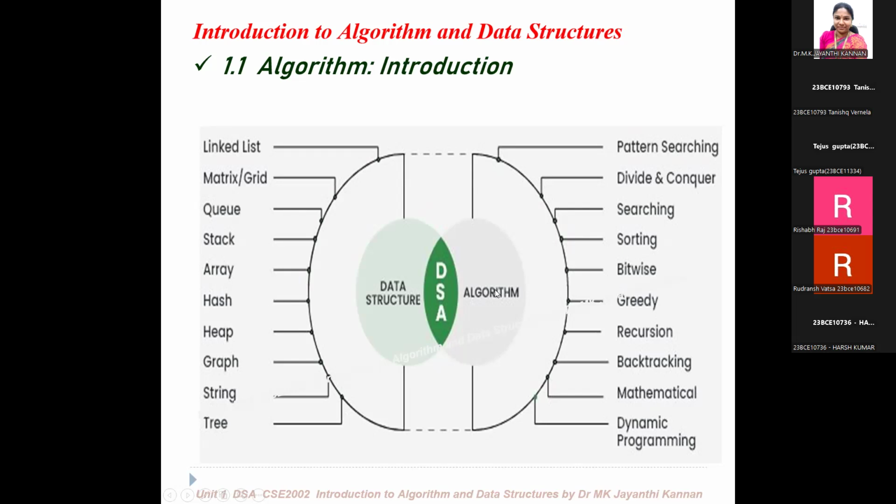And algorithms are classified or categorized as pattern searching algorithms, divide and conquer algorithms, searching algorithms and sorting algorithms. All the sorting algorithms will have some similarity: they are all performing the sorting process. In searching algorithms the logic is searching, but they use different steps and different methods. In the same way there are greedy algorithms, coloring algorithms and recursive algorithms.